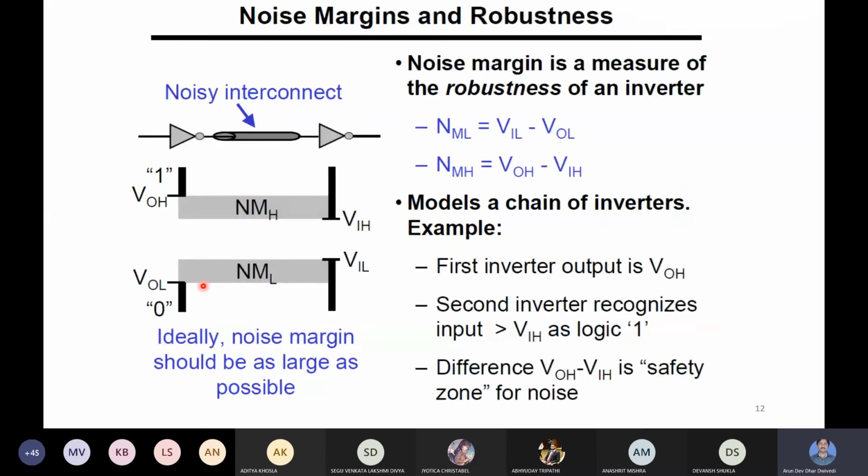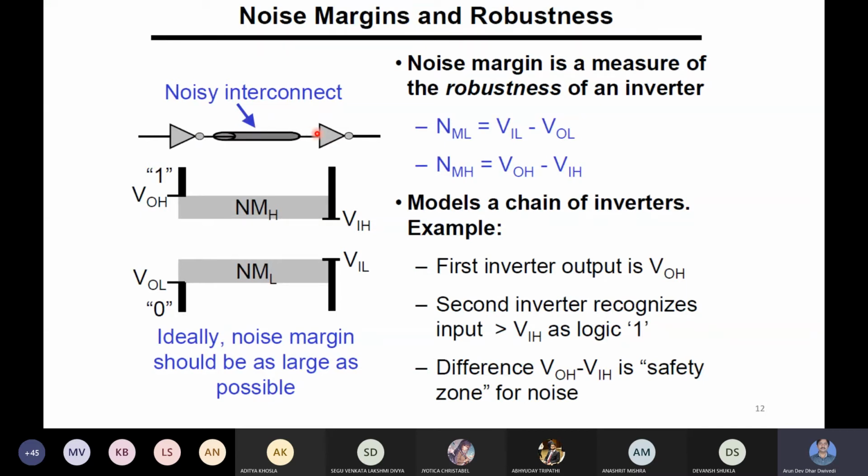And if we know VIH and VIL, then we can also calculate noise margin. Noise margin is a very important parameter, a measure of the robustness of the inverter, how robust it is to noise. Here one inverter, then some interconnect, then another inverter is connected. The interconnect may add some noise, which will affect the performance.